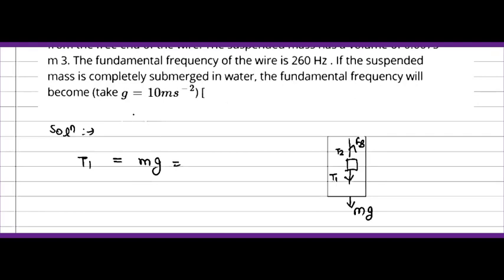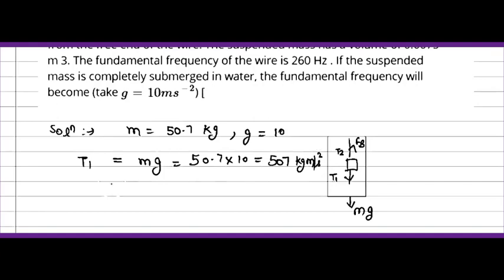The mass M is given to us as 50.7 kg and g is 10. So 50.7 into 10 equals 507 kg meter per second square.